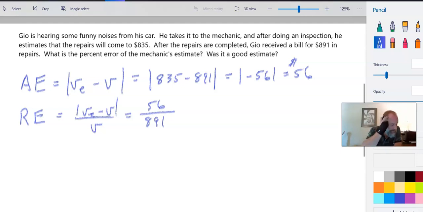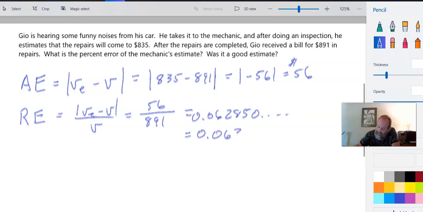There we go. And that comes out to 0.06285, and it's going to keep going like that. So let's go ahead and round it to 3 places for right now. So this is going to be 0.063, right? So that is our relative error.